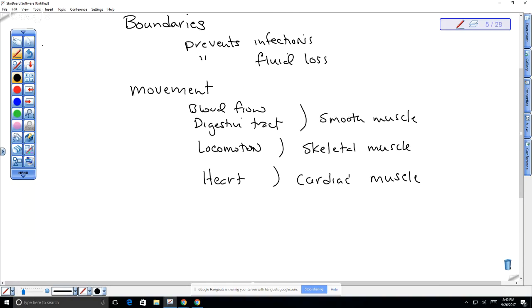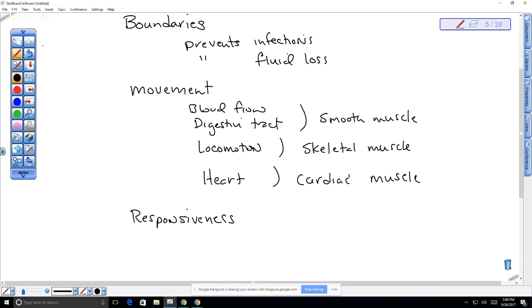So we have boundaries, we have movement, we have responsiveness. What does that mean? Yes, so it could be a reflex. So the nervous system is responsible for our ability to respond to stimuli.